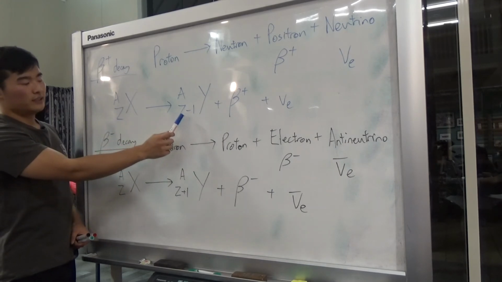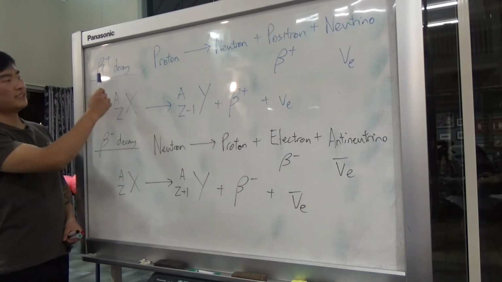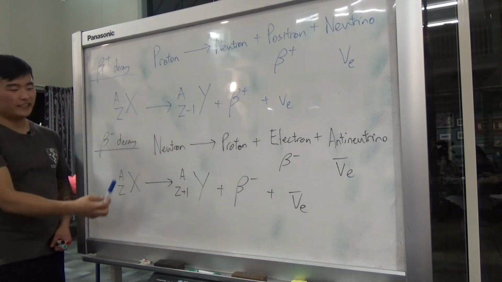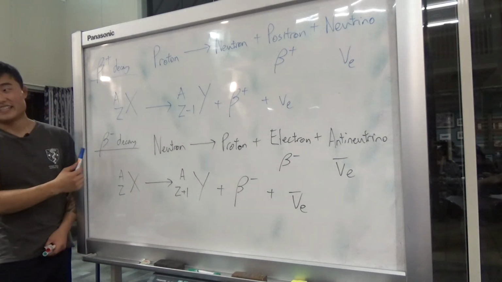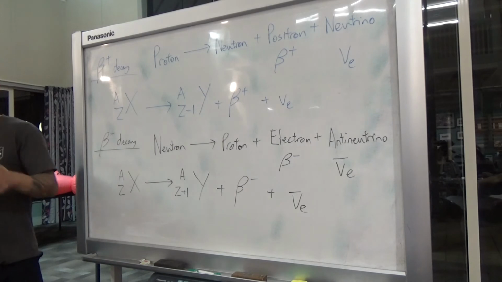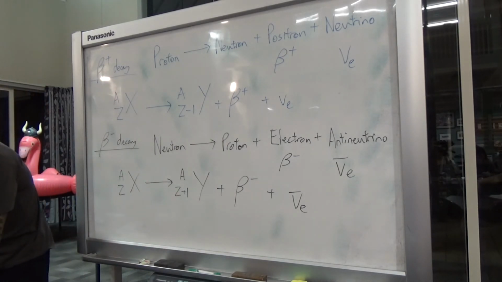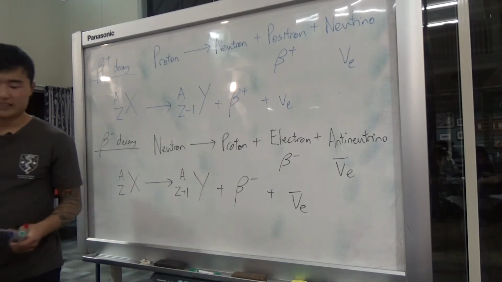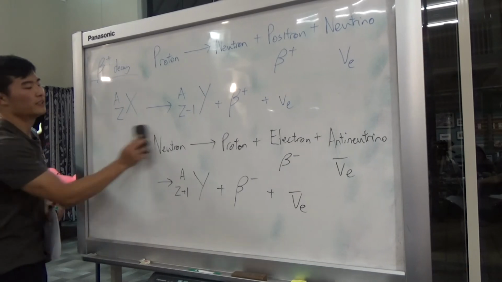If it decreases by 1, so if it's minus 1, then it's beta plus. If it's plus 1, then it's beta minus decay. So that's like the opposite, right? Yep. So we'll go on to the next page. We've just got 2 more questions on beta decay.